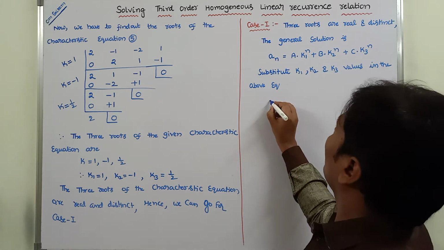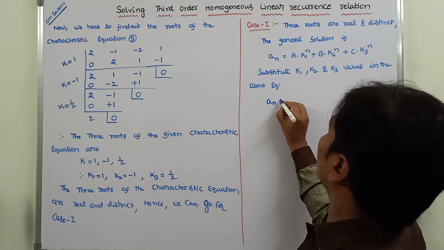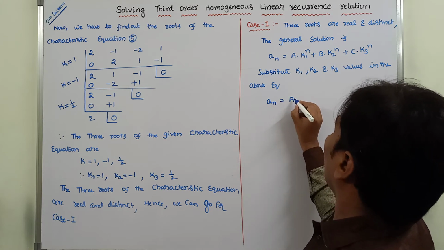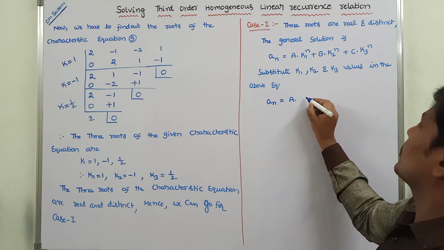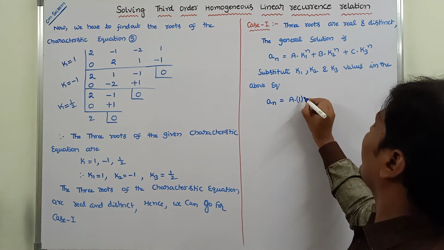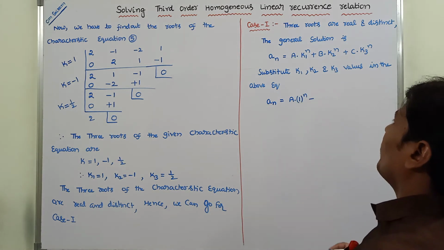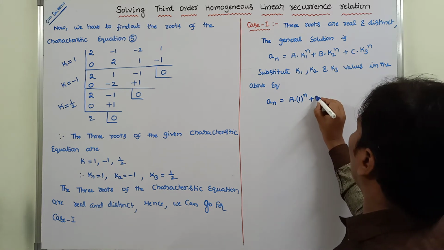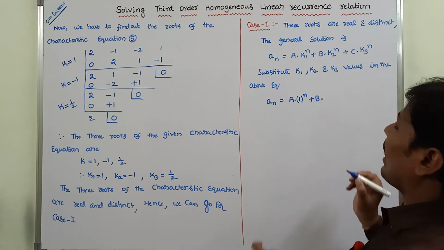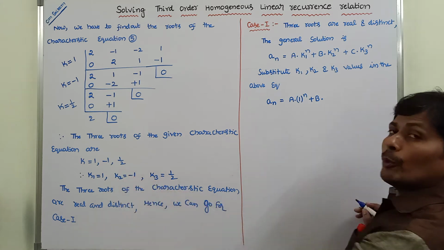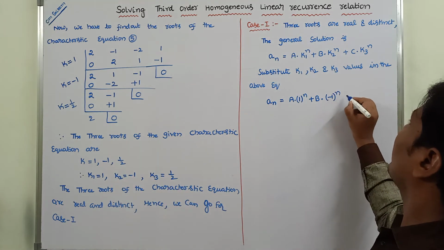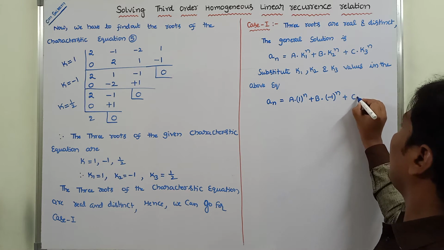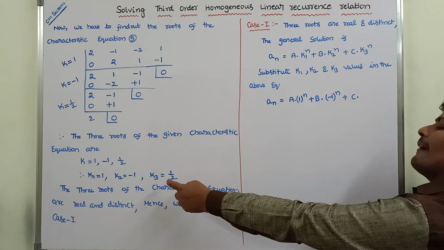So therefore a suffix n is equal to a into, what is k1 value? That is 1. So 1 power n, plus b into, what is k2 value? k2 value is minus 1. So minus 1 whole power n plus c into, what is k3 value?